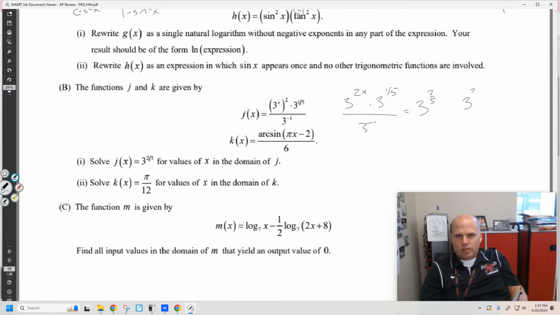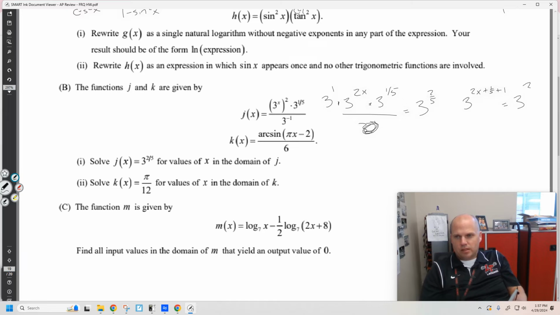It'll be 3 to the 2x plus a fifth plus 1. 3 to the negative first in the denominator is like 3 to the first in the numerator. If you're multiplying, you add the powers.